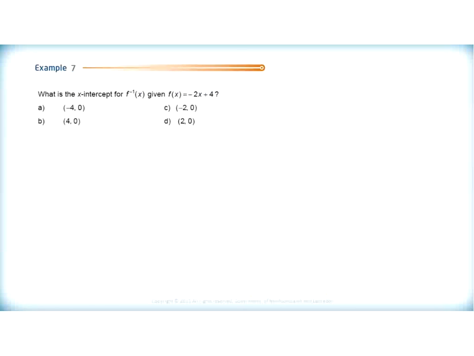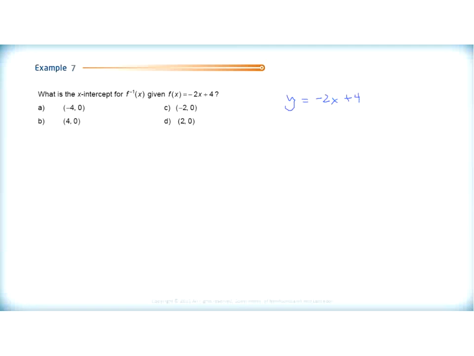So let's look at another example here. I think this is the last one. What is the x-intercept for the inverse function? Well, let's find the inverse function. y = -2x + 4.